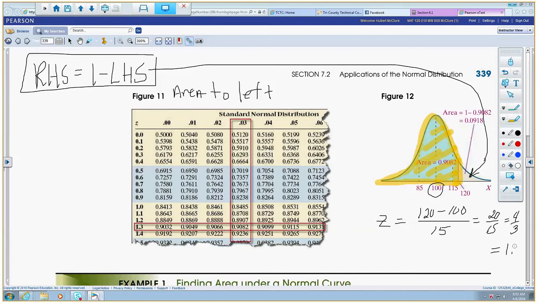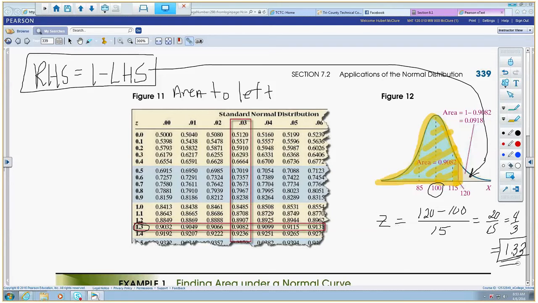Now, if we are given the z-score, which we are, because we're given the stuff to find the z-score, then that means we got to find the what? The area. So you look up 1.3 right here and go across until you get to 0.03. What's 1.30 plus 0.03? 1.33, right?